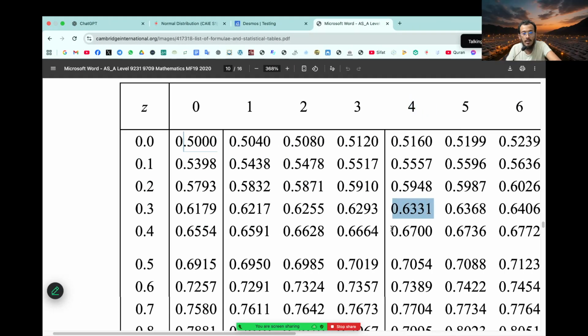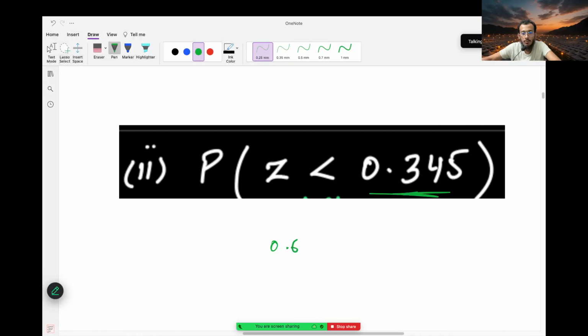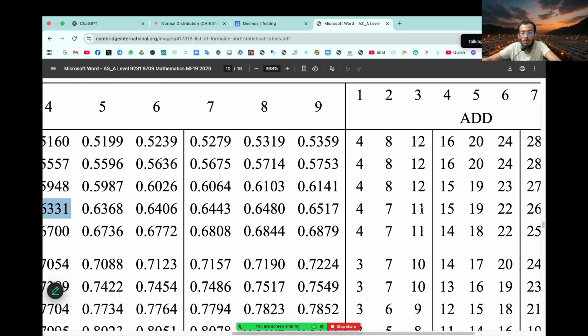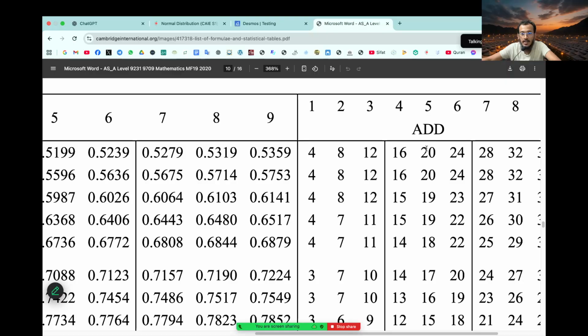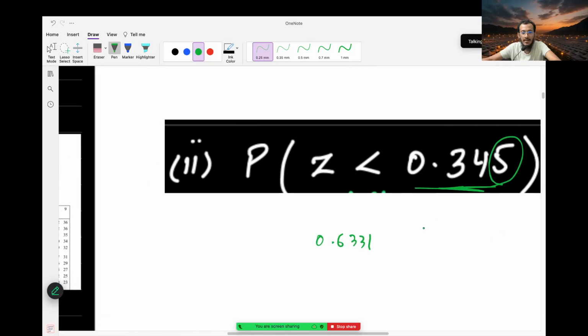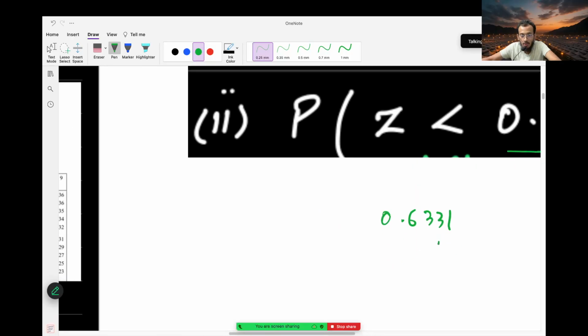This is the value, 0.6331. But here's the problem. We also need a third decimal place, for 5. In that case, what we will do is go and find the third decimal place here, and we see a note called add 19. Add 19 means you add 19 to the last digits of the value that we have found.